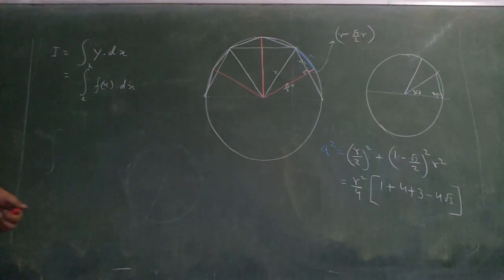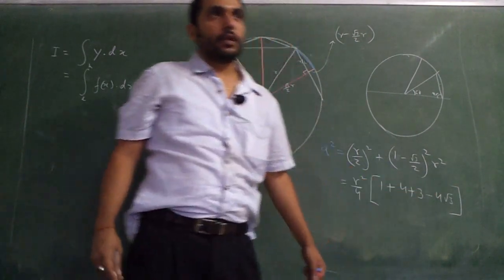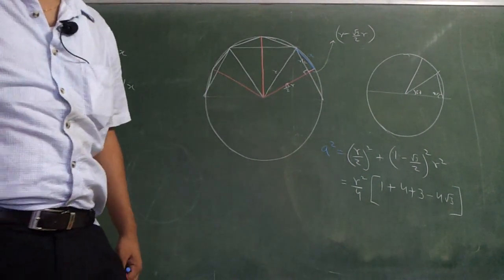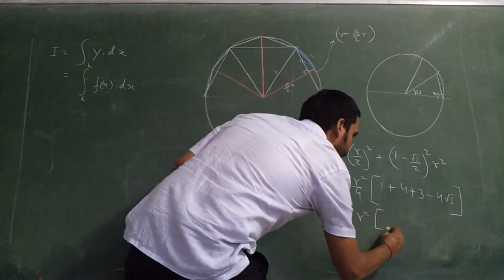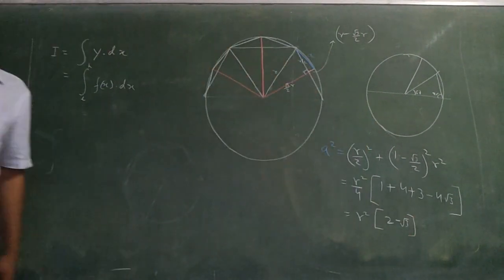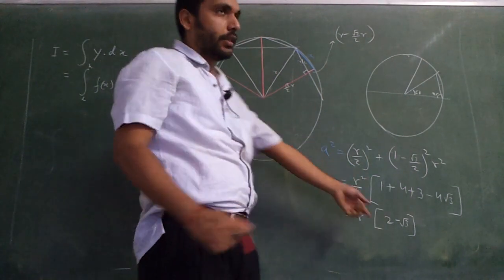Okay? So how much is this? 8 minus 4 root 3. 4 you can take common. It is R square (2 minus root 3). Right? Right? Now you can use your calculators to tell me a rough value of this A, under root of this.